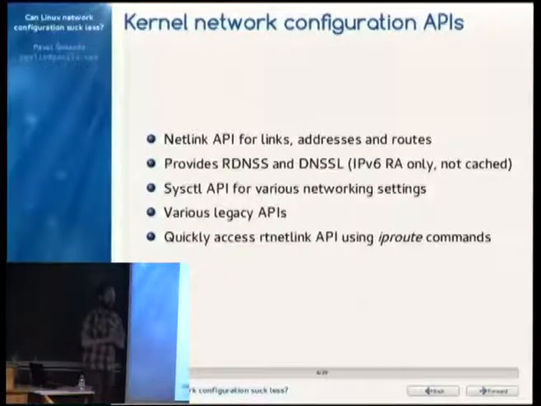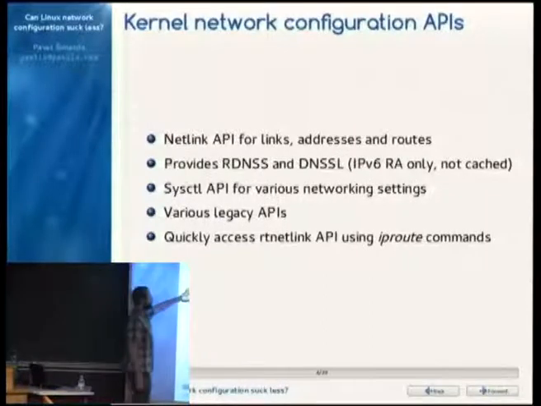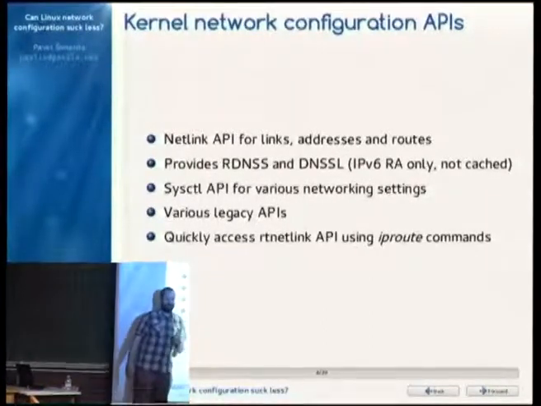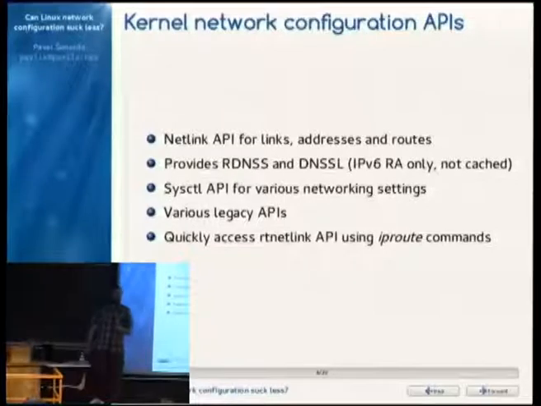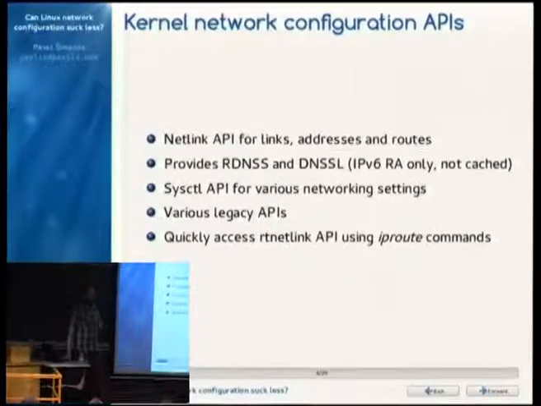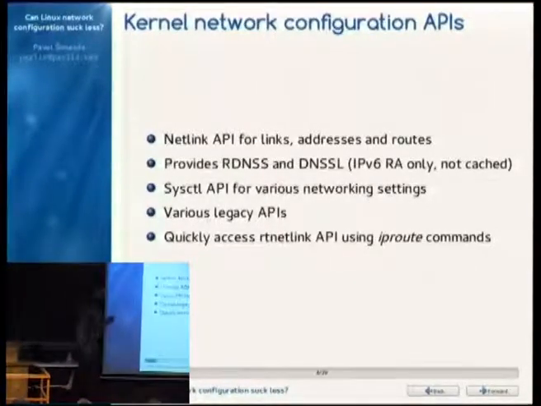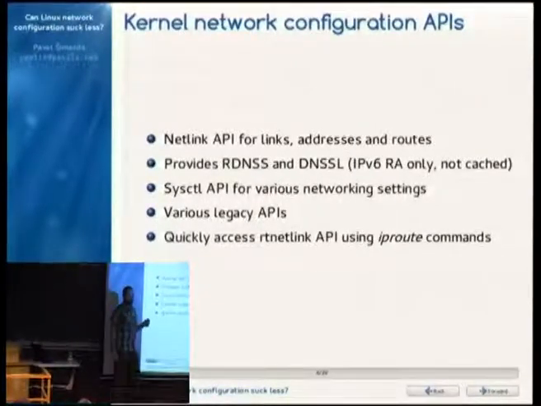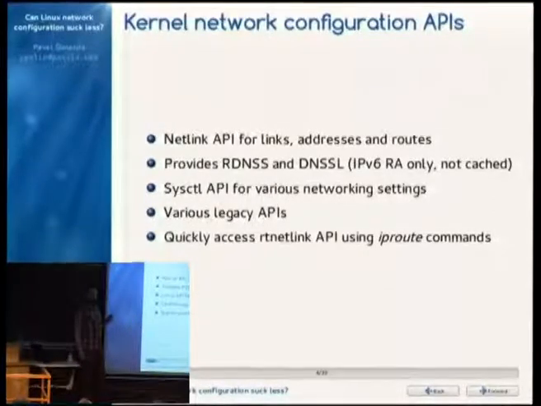But now let's continue with the kernel. The kernel allows you to use the Netlink API, which you can without problem use from C programs using the libnl library. It's actually quite easy. And that way you can tell the kernel to configure just anything regarding networking, like addresses, link options, and routes.